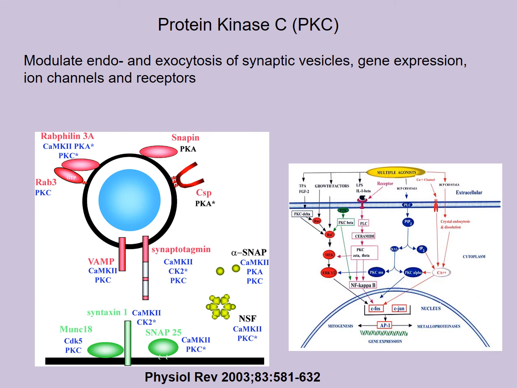You can see that PKC regulates pretty much most of these targets on the plasma membrane, but also many targets on the surface of the vesicles. And also on the right of the panel, the schematic is supposed to show you that PKC activation is as well going to lead to changes in the transcription factor. In this case, it's not CREB, it's mostly regulated through activation of AP1, which is composed of c-Fos and c-Jun.